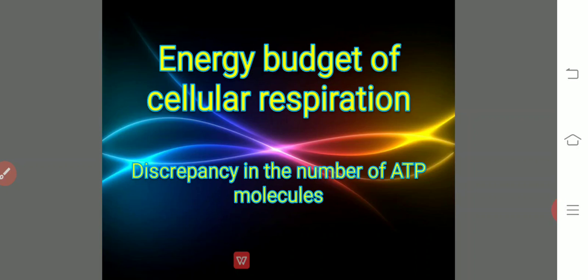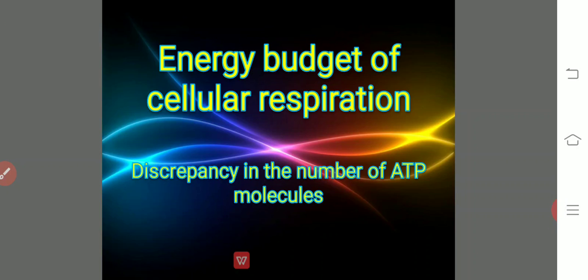So the consumption of oxygen by the mitochondria for the oxidation of NADH and FADH2 determines the number of ATPs that will form in cellular respiration.